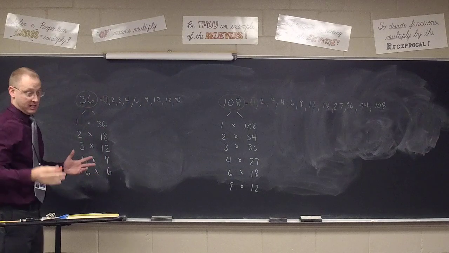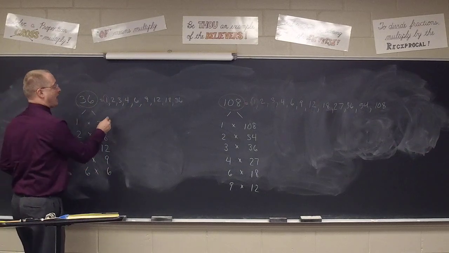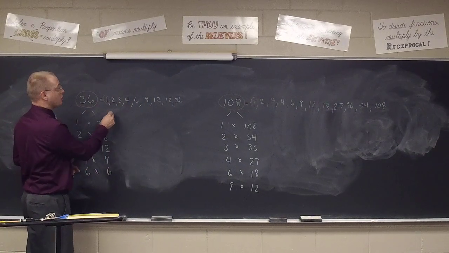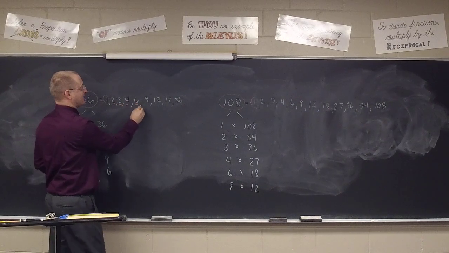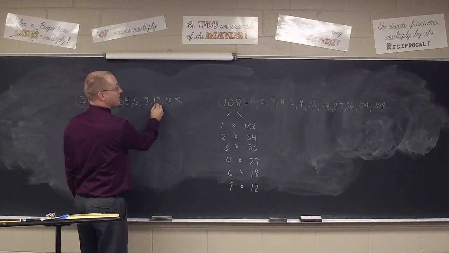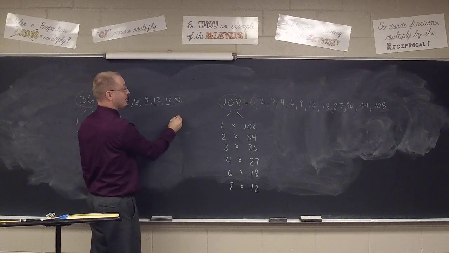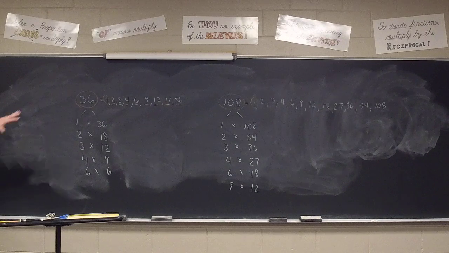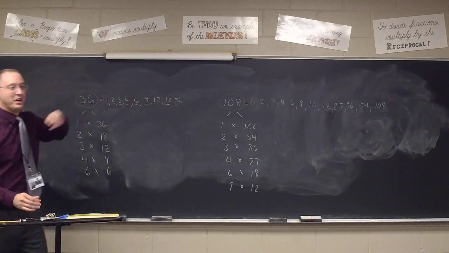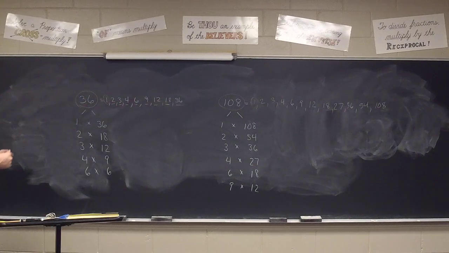Agreed? But they also have a common factor, class, of 2, 3, 4, 6, 9, 12, 18, and even the 36, all the factors are common. And that's because this number is a factor of 108. But you're looking for numbers that exist in both pairs.